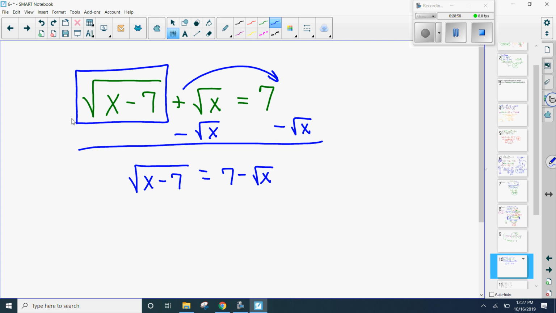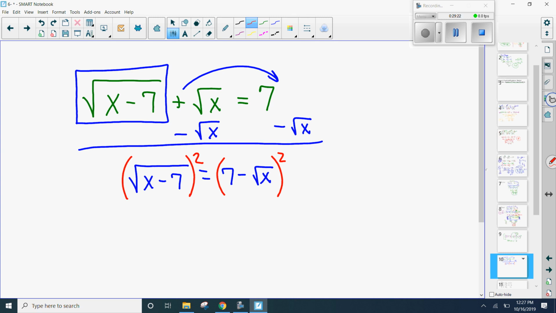Now if I focus just on the left-hand side, I have a square root. That's it. How do you get rid of a square root? You square it. So I'm going to take this side and square it, and then I have to square the other side. He was saying just square it up here in the green.